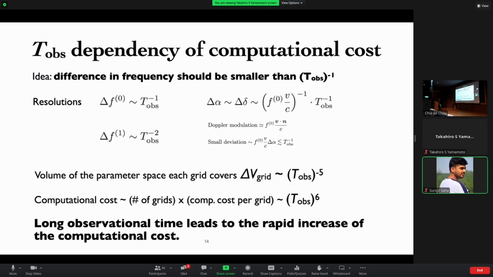The idea is: how fine a resolution do we need for the parameters? We estimate the difference in frequency, and it should be smaller than the inverse of T observation. It's a natural resolution in frequency.